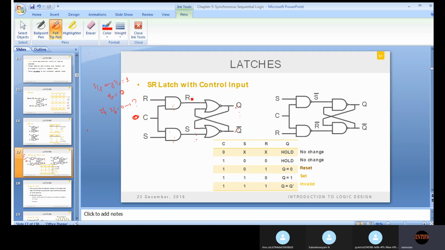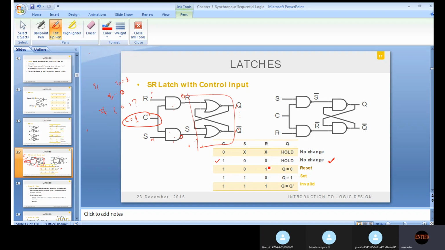Latch, sorry, flip-flop, another latch. Here what is happening: when I give clock is equal to 1, that is C is equal to 1, I need to check R and S. So when clock is equal to 1 and S and R are 0 0, obviously it is the hold state.